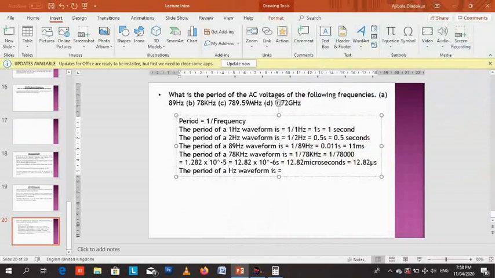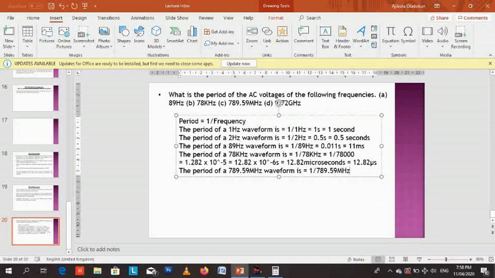So let's go to the next one. Let's determine the period of a 789.59 megahertz AC signal. To do that, we simply find the reciprocal: 1 over 789.59 megahertz.